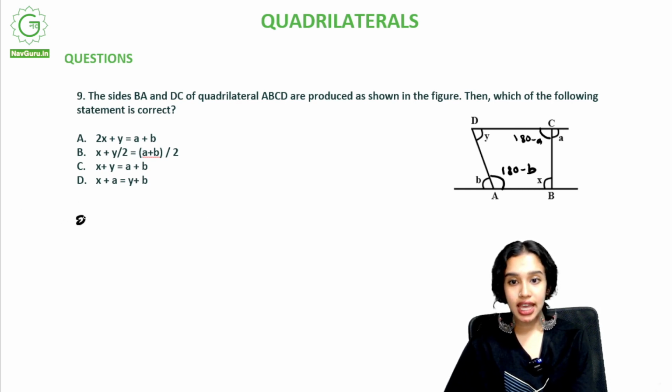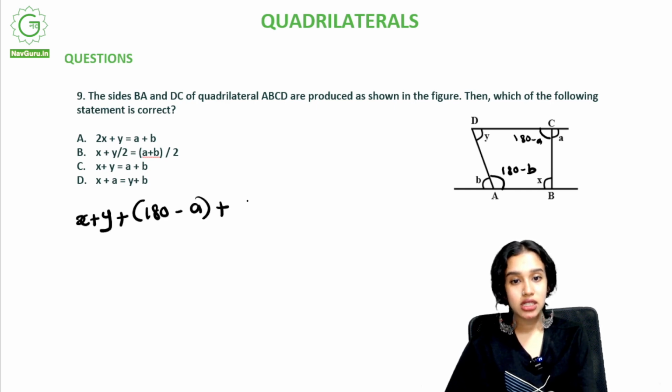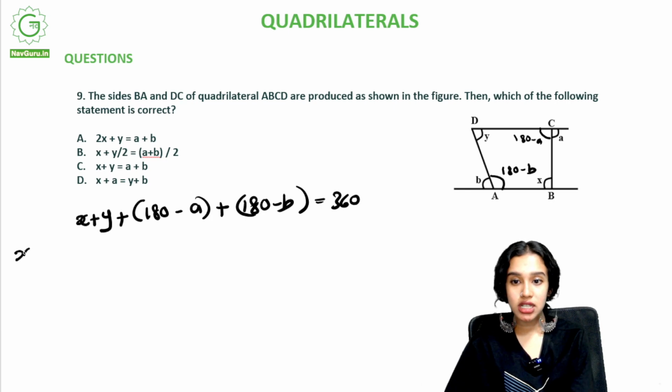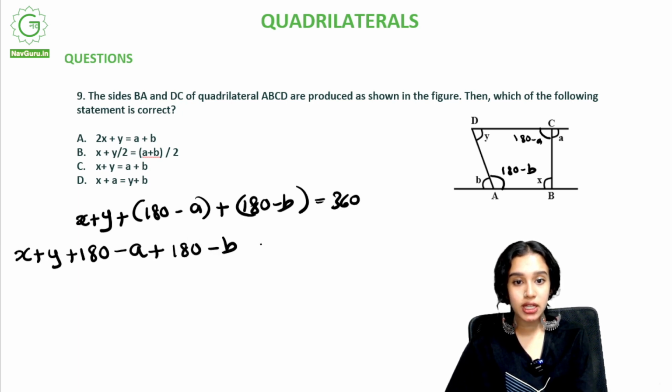So that means x plus y plus 180 minus A plus 180 minus B is equal to 360 degrees, right?